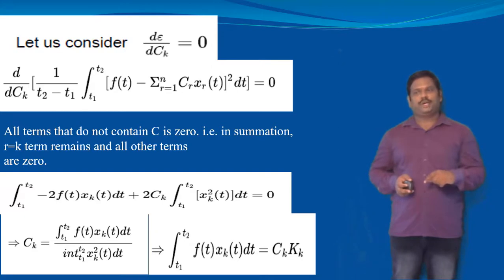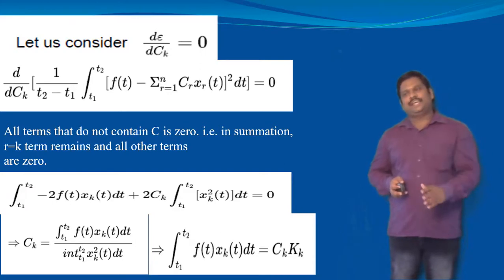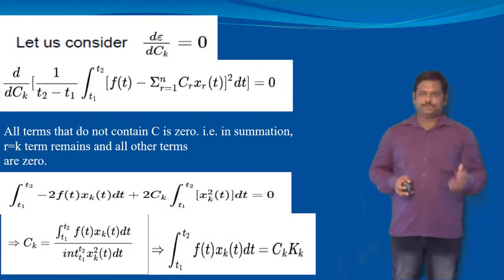When we substitute the denominator as kk, the numerator, the integral of t1 to t2 f1 of t xk of t dt, is equal to ck into kk. That is the expression for the corresponding component ck.